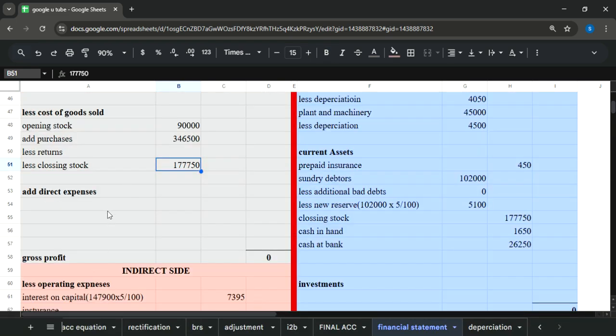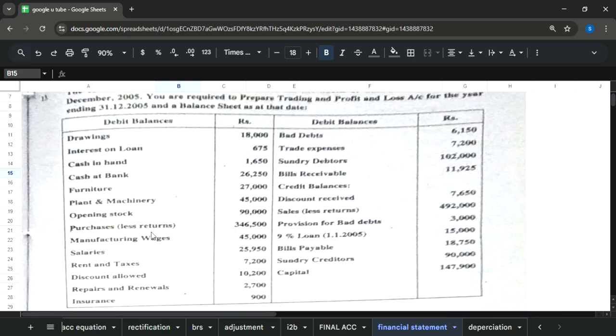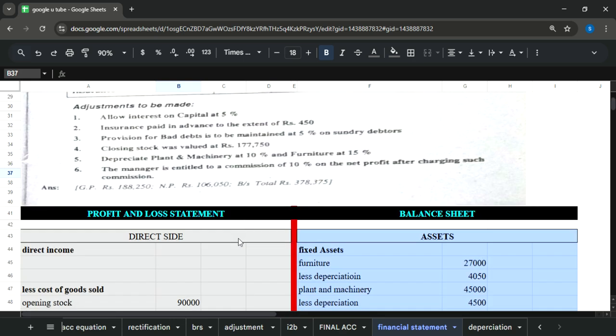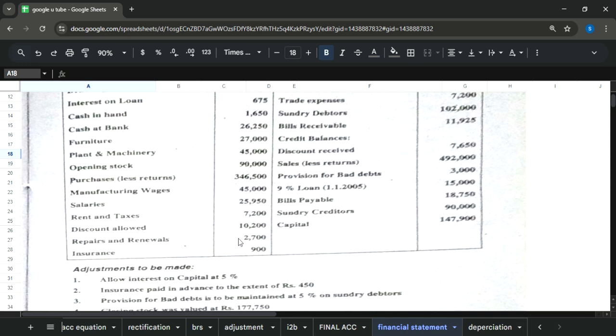Over here you will mention manufacturing expense, it's your direct expense, and the amount of which is 45,000. Manufacturing spelling, let's correct it. Although we accountants don't bother about spelling, we are concerned with the amount, but it is better to write accurately.